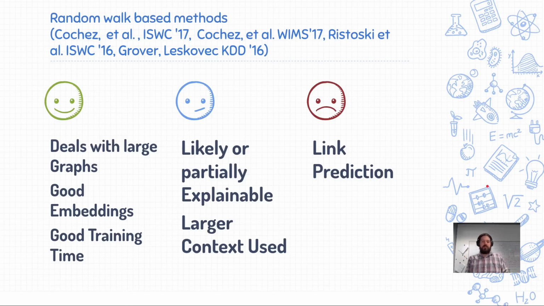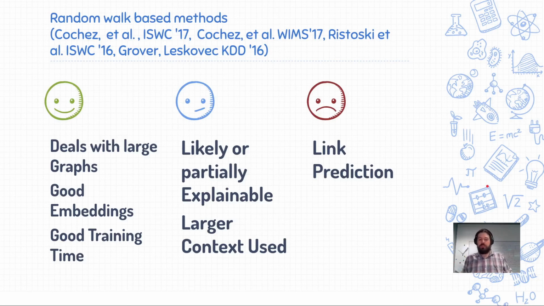Explainability is a bit on the poorer side, right? So some things are partially explainable. For example, the method I just explained with capturing this context, you can do some sort of explanation there. There's still a lot of research needed there. And also larger context can be used with these scalable methods.